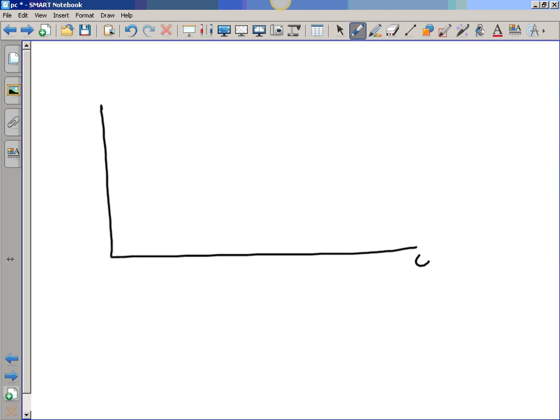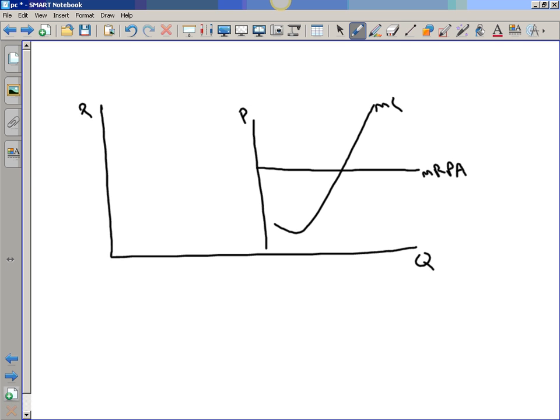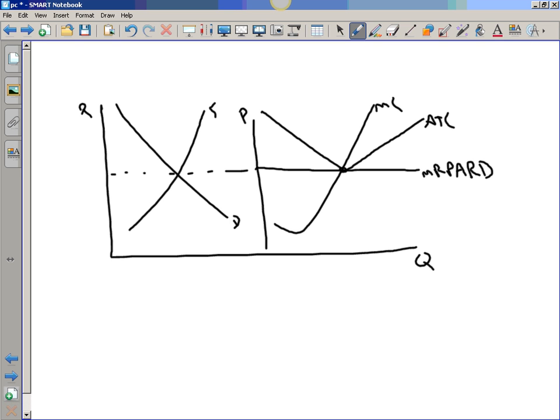On our side-by-side graph, we'll have our price, our two axes, and we have marginal cost, marginal revenue, average cost, and we know that in the market, P1, Q1, our firm is going to produce this quantity.